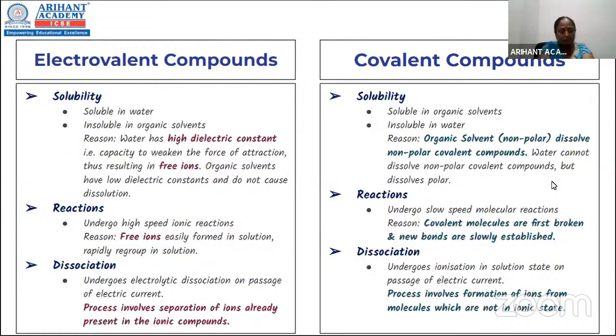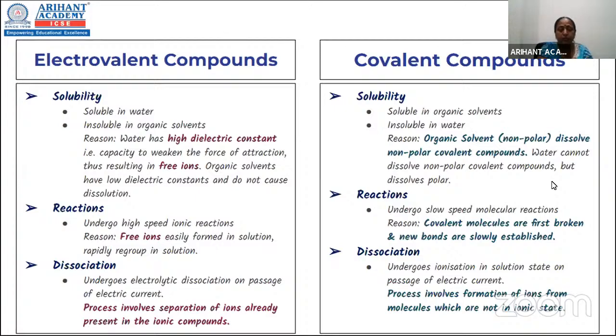A very important thing is that ionic compounds, or electrovalent compounds, undergo dissociation. Most kids think electrovalent compound, ionic compound, ionization. This is what they think, wrong. In an ionic compound, ions are already there. So they will just separate. When we say ionic compounds, it means ions are already existing. They will just separate.